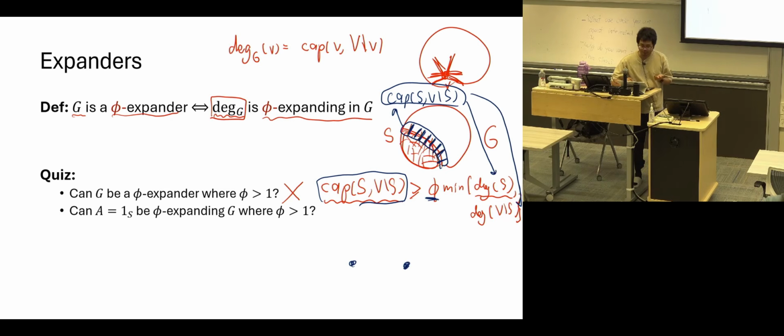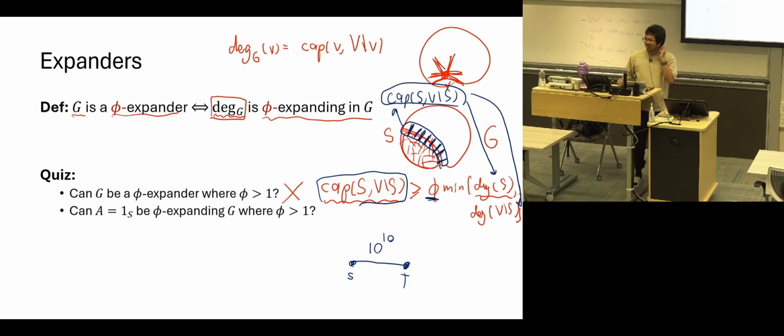Let's say that the graph has two nodes, S and T. Let's say there are many edges, or actually even one edge, but the capacity here is 10 to the 10 or something huge.